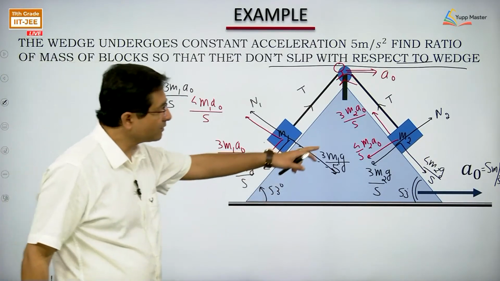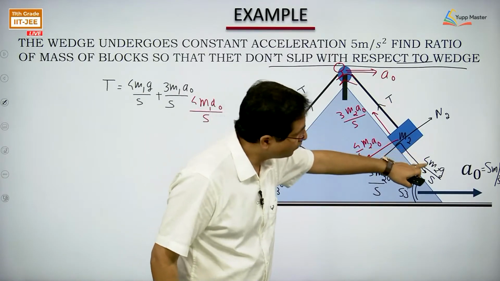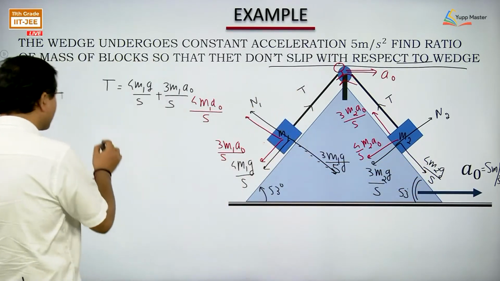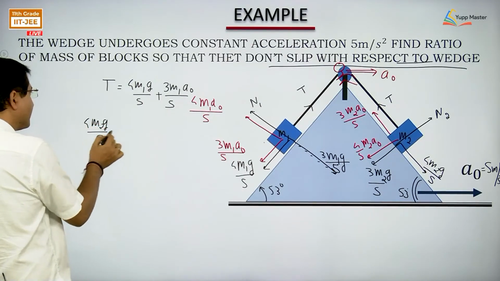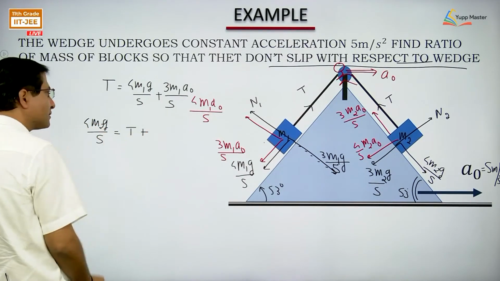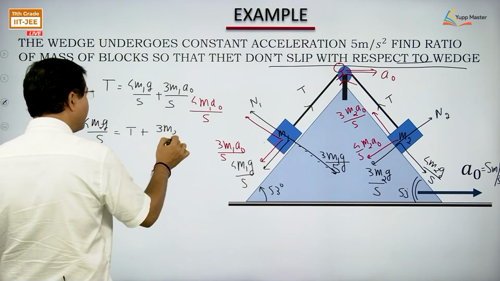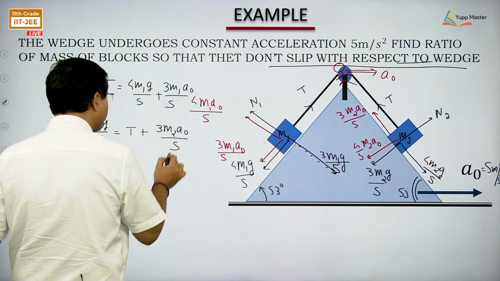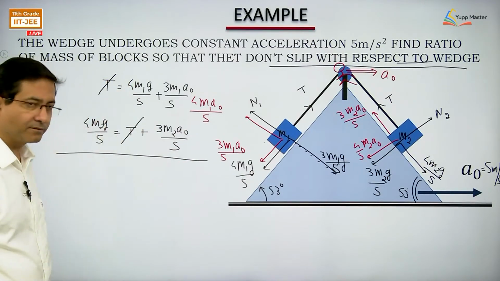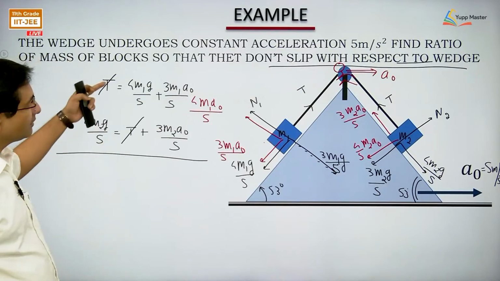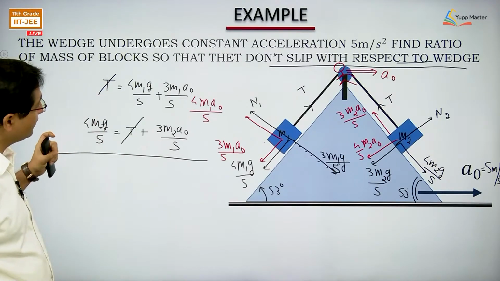Now look at this one. Here 4 M2G by 5, the downward force, is equal to T plus 3 M2 A naught by 5. If I add these two equations, T will get cancelled out, right? We need to find out the ratio of M1 and M2.